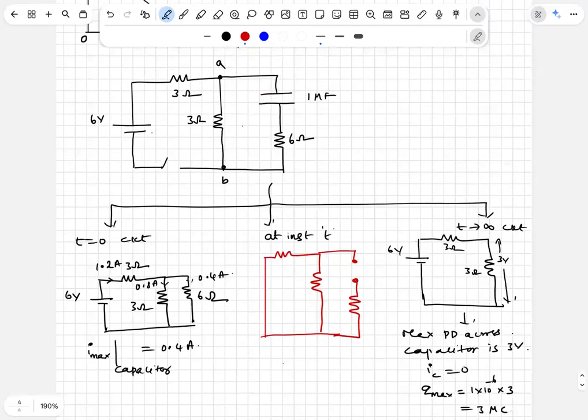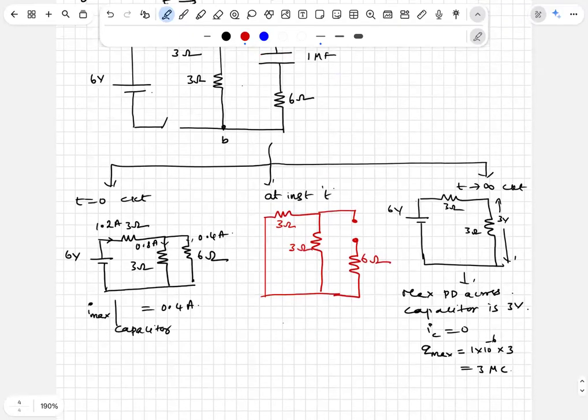So what you have is 3 ohm, 3 ohm, 6 ohm. Across these 2 points, X, Y, what is the effective resistance? 3 ohm, 3 ohm in parallel is 1.5, 1.5 plus 6, 7.5 ohm.